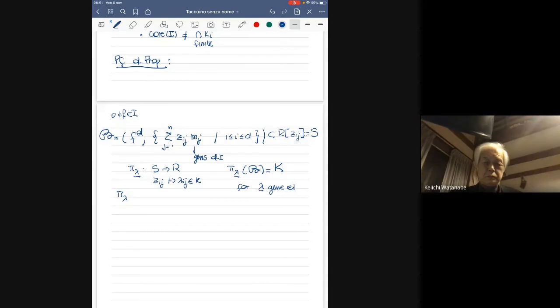And this is a general reduction. Like before, the K always indicates a general reduction of I. So for lambda general, I always get what I want.